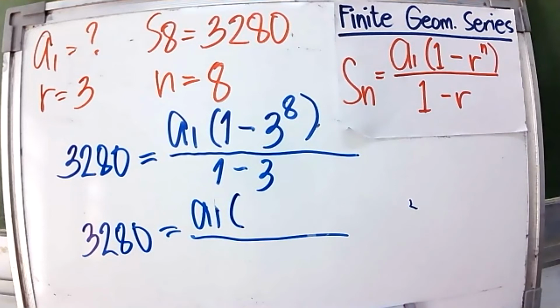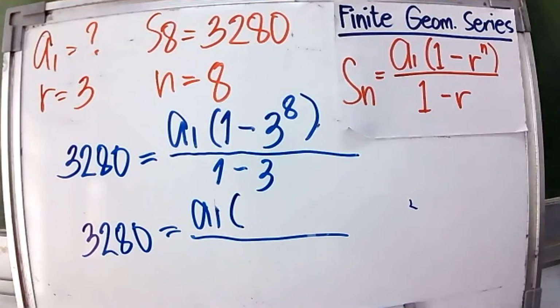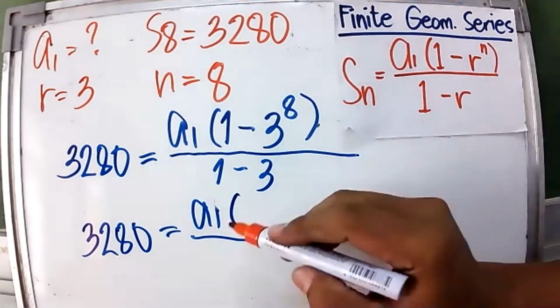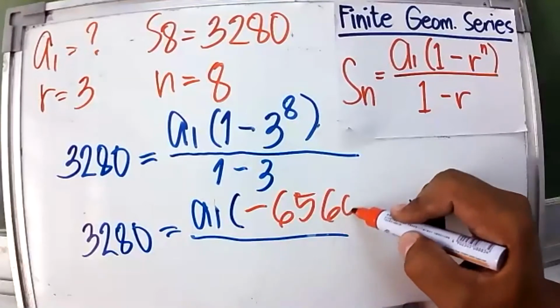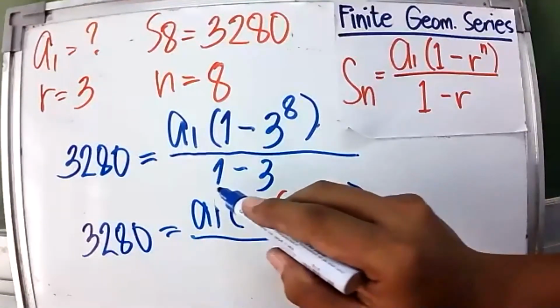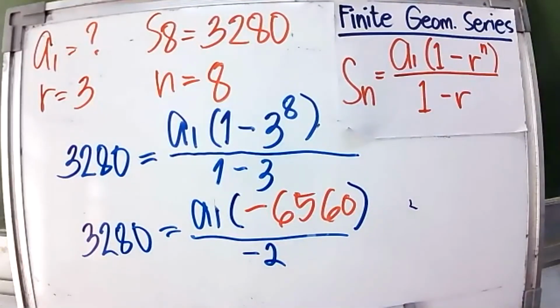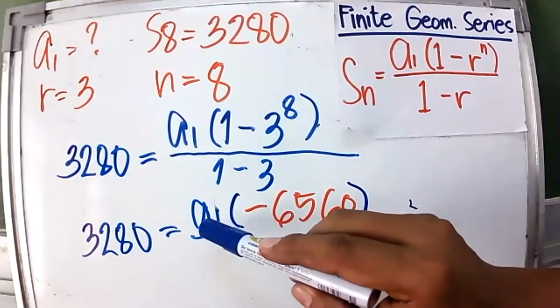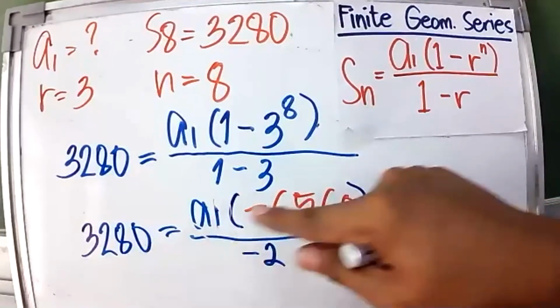3 raised to 8 is 6,561. Minus 1, that is negative 6,560. Tama? Kasi we subtracted 1 from it and it became negative. Okay. And then 1 minus 3, that is negative 2. Okay? And then afterwards, this is the variable. Let this be our variable and let this be the coefficient of the variable.